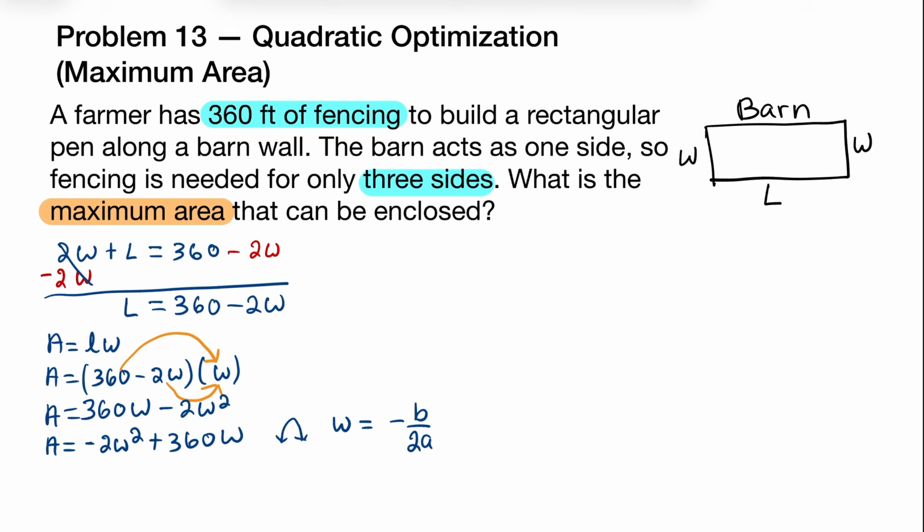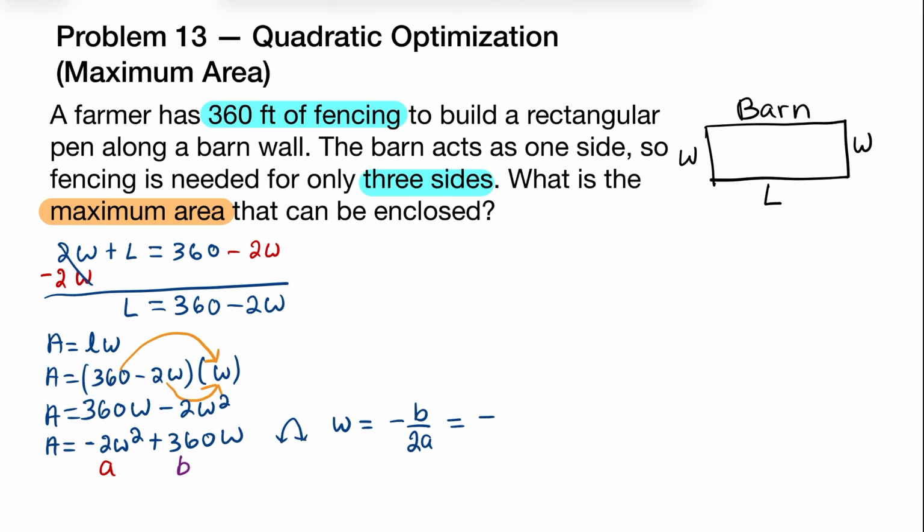Now let's identify our coefficients on the quadratic. We see that A is negative 2 and B is 360. So let's plug in those values.